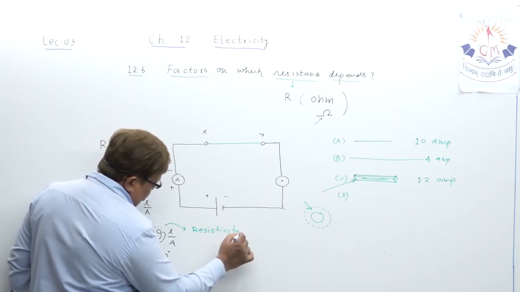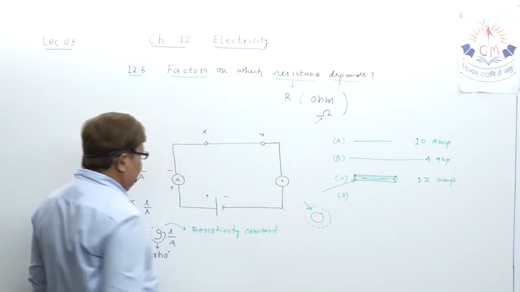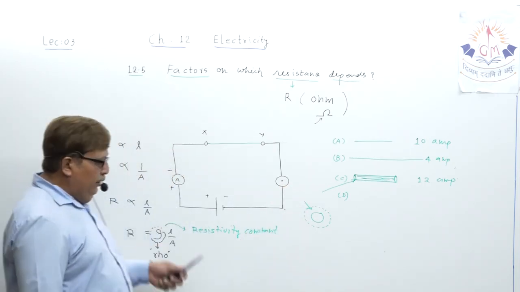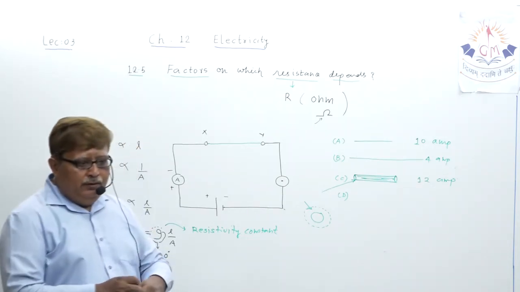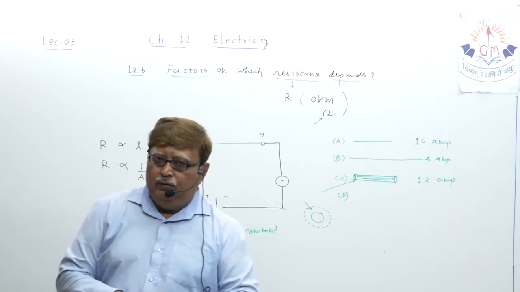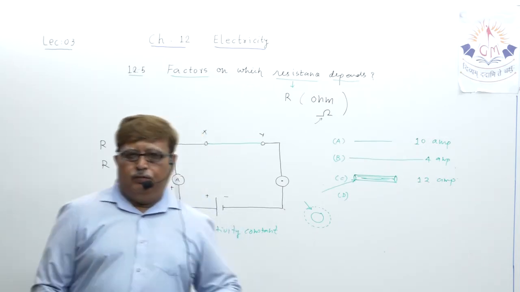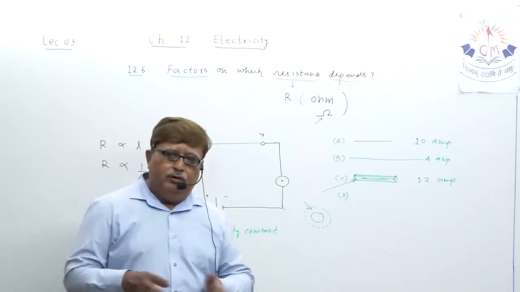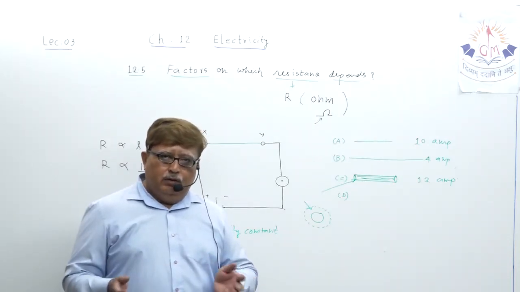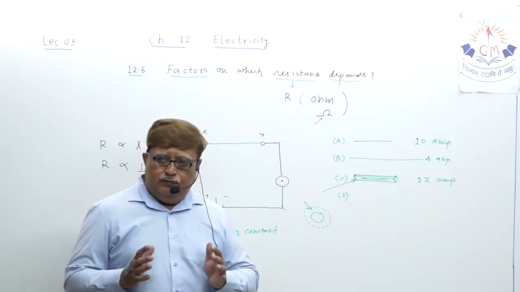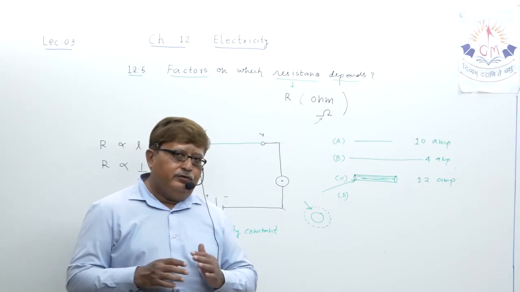Resistivity constant. Okay, right? And every material has got a different resistivity constant. Understand? Every material, copper, silver, bronze, gold, aluminium, tungsten, nichrome, all has got a different constant of resistivity.